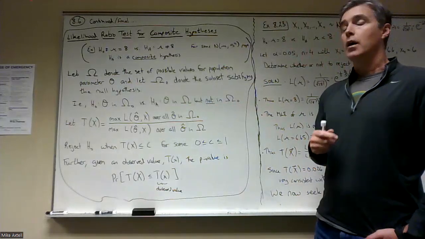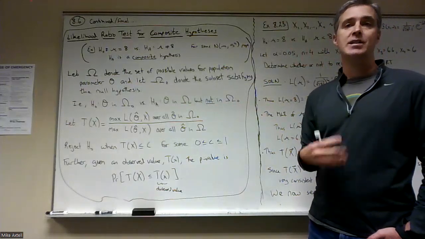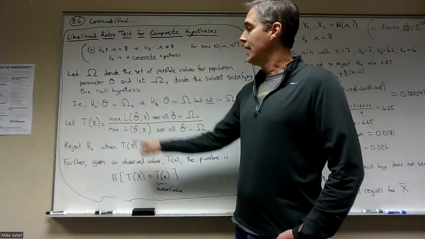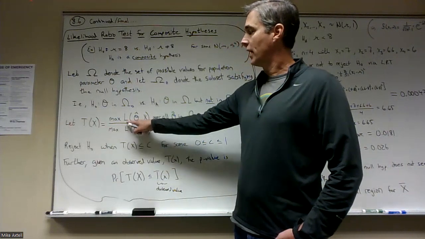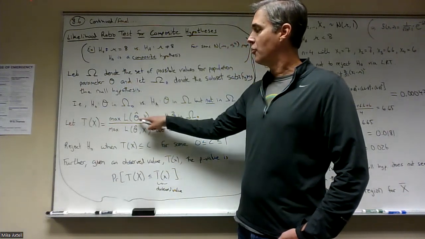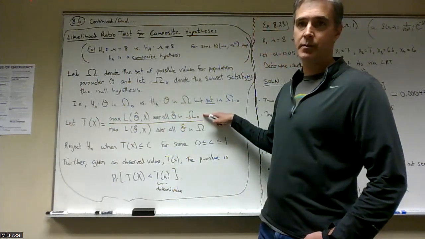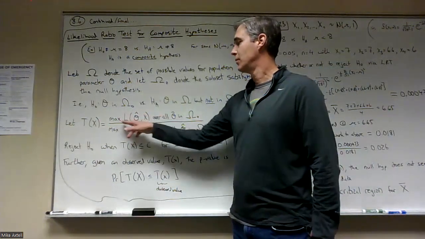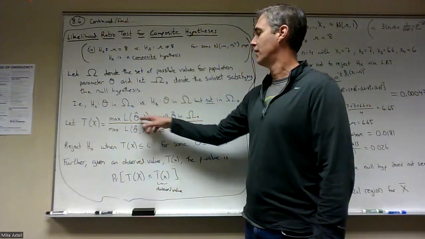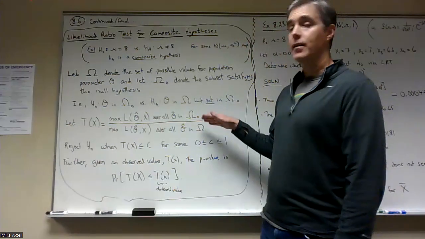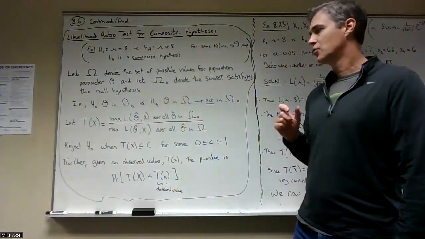Okay, having done that, we're going to set up our test statistic for the likelihood ratio test. We call it T of X. It's the maximum of the likelihood of the data under any theta hat which is in capital sigma sub 0. So this is the maximum likelihood given that theta hat came from H sub 0, right? And then we're going to divide it by something slightly interesting.